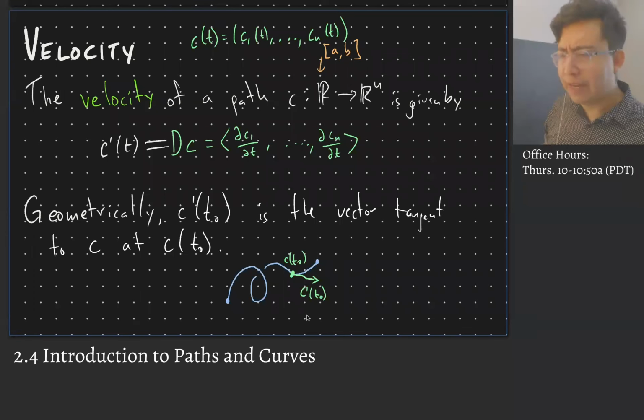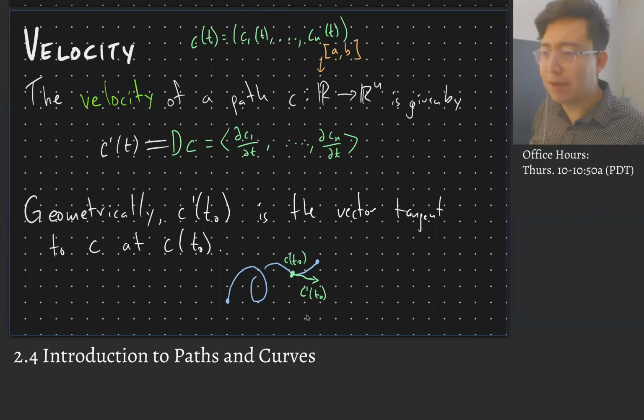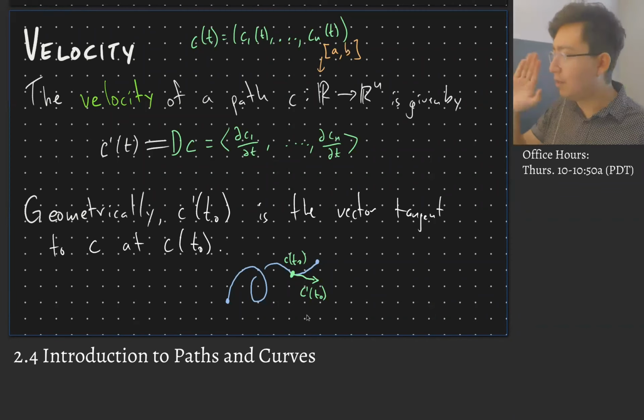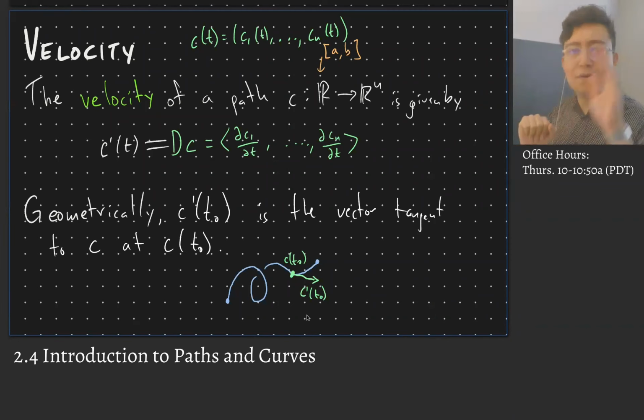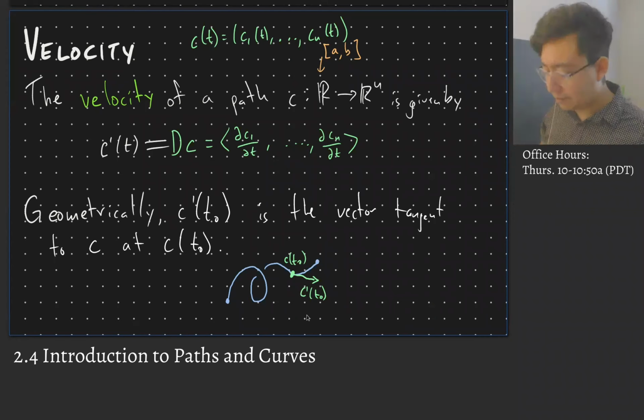So if you've taken a little bit of physics, then you maybe know that velocity is related to speed, but it has direction. So going 10 miles per hour in this direction is different from going 10 miles per hour in this direction. Those are two different velocities, because they have direction.